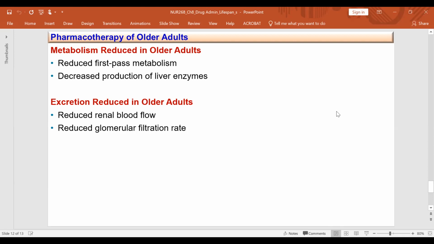Now let's finally talk about adherence and compliance among older adult patients. Adherence or compliance with the therapeutic regimen is one of the major challenges for many older adults.